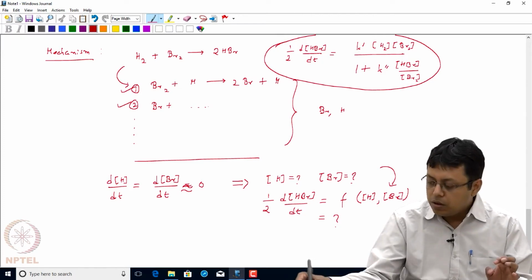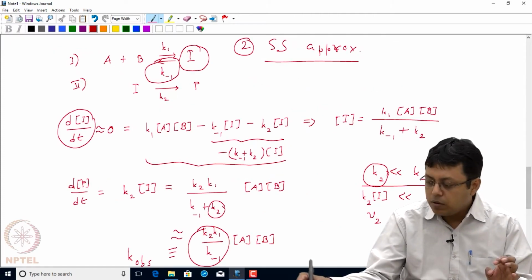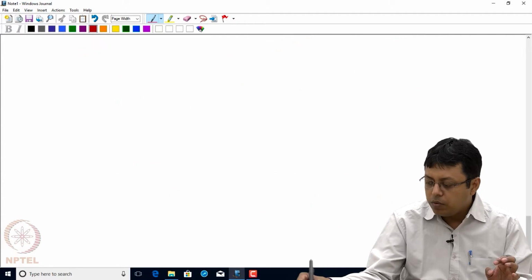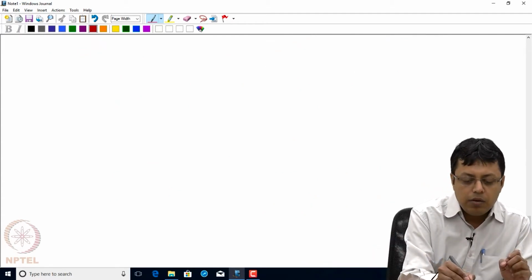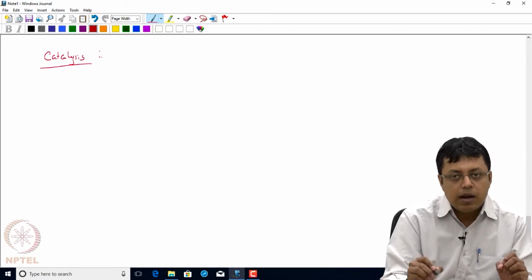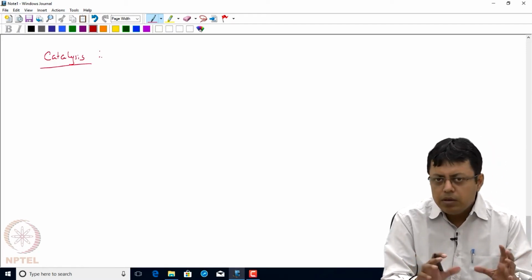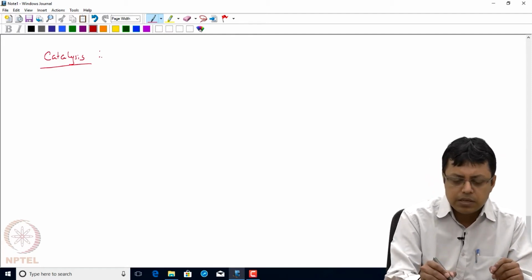Now, as a final note on this topic, we also often discuss catalysis, and we already gave an example of catalysis, which is heterogeneous catalysis, when we discussed the Langmuir adsorption isotherm, but we did not discuss catalysis as such.